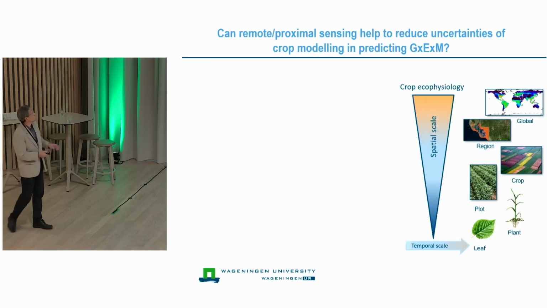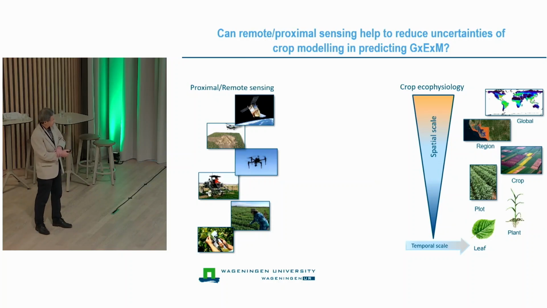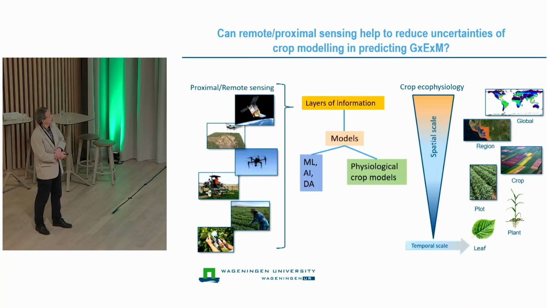So then the next step is that modern crop sensing technology helps to reduce the uncertainty of crop modeling in predicting G by E by M. And we know that crop growth involves a number of processes along both spatial and temporal scales, and also equivalently a number of sensing technologies available for different scales, generating layers of information that could be used for modeling.